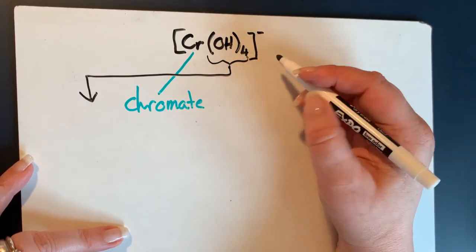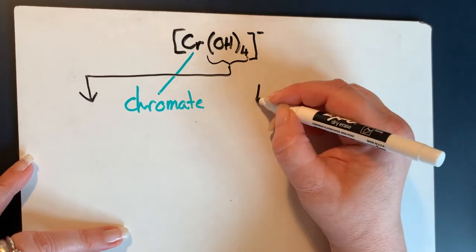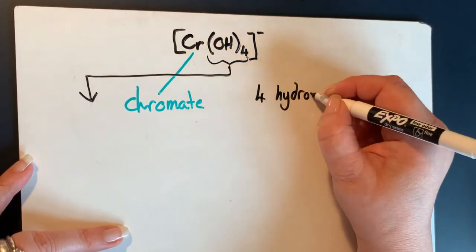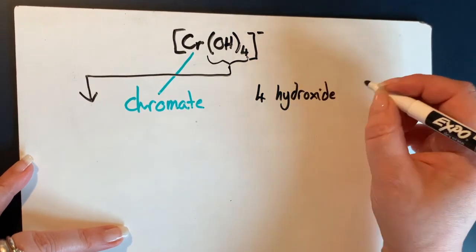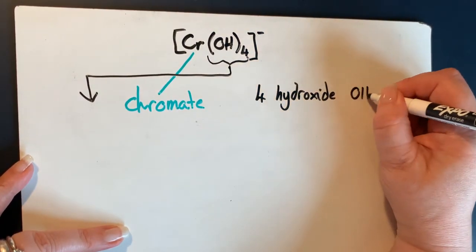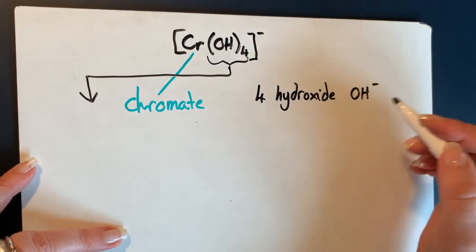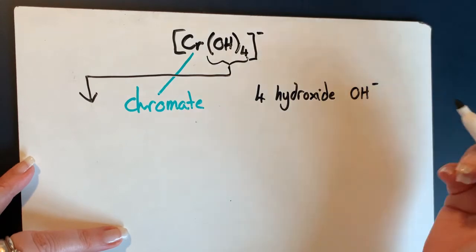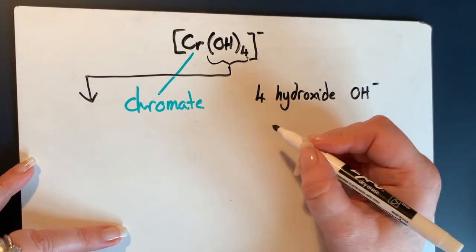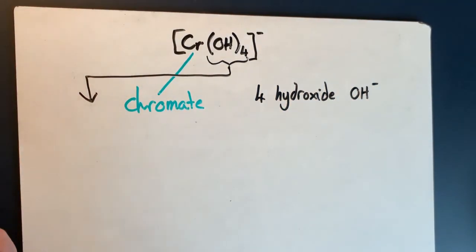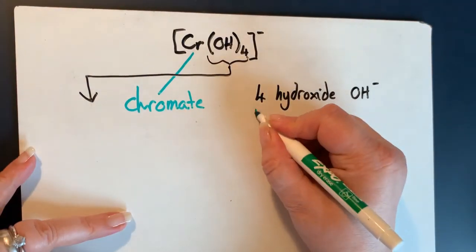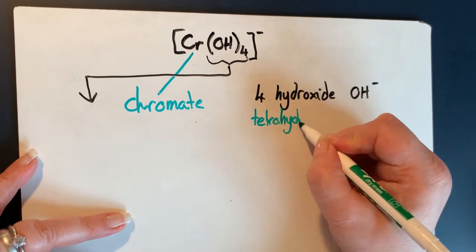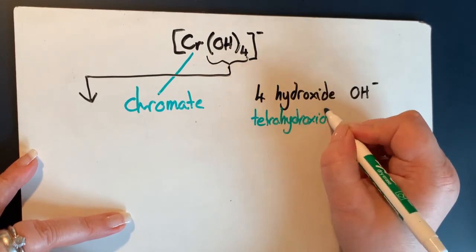So I've got 4 hydroxides, and hydroxide ions are OH negative, which means this E is going to be lost and that will turn into an O. 4 is tetra, so the name of that part is going to be tetrahydroxido.